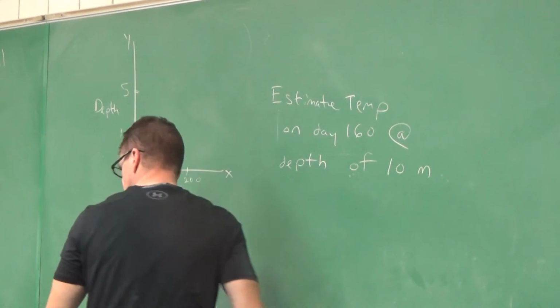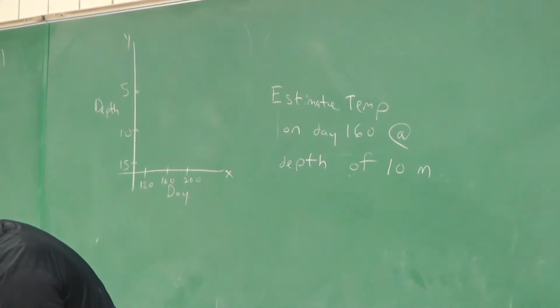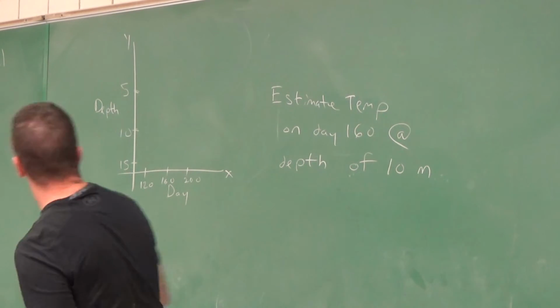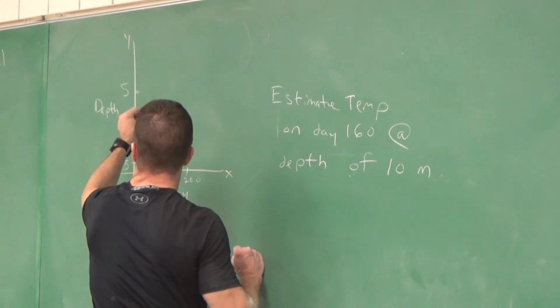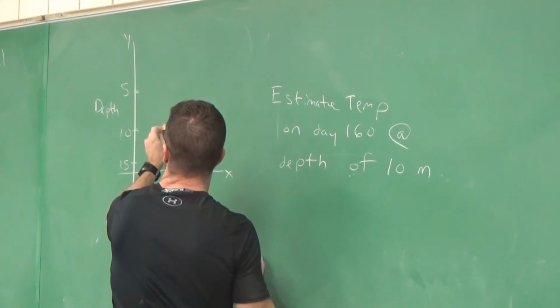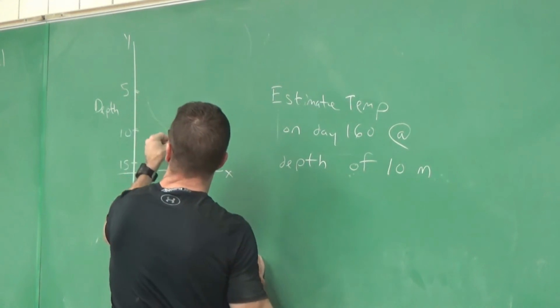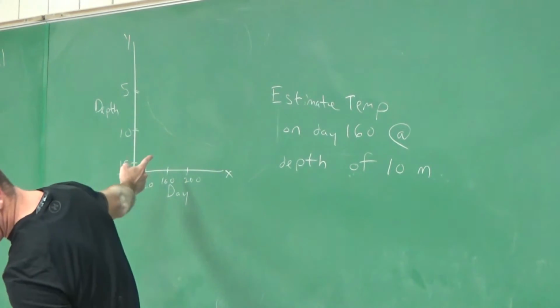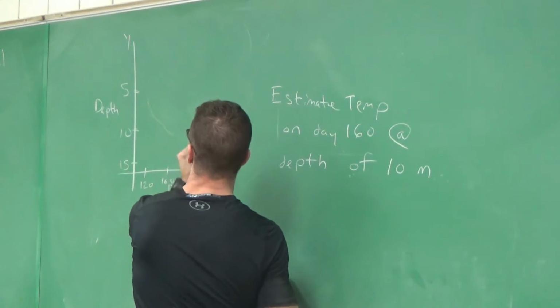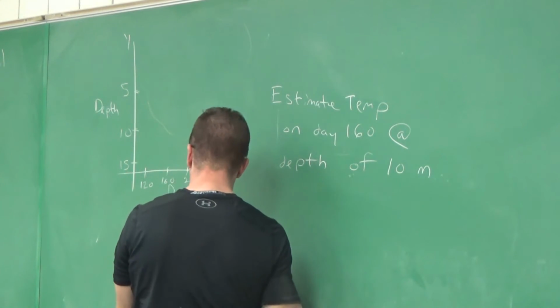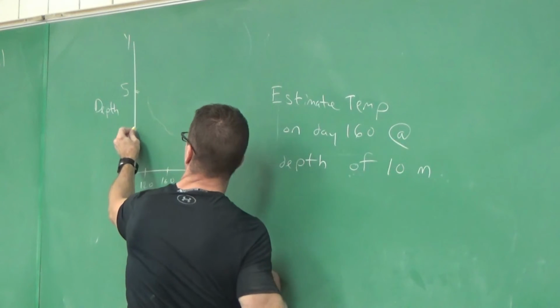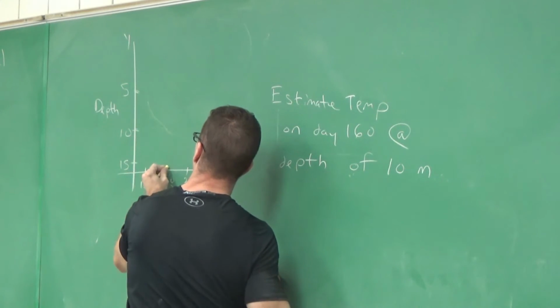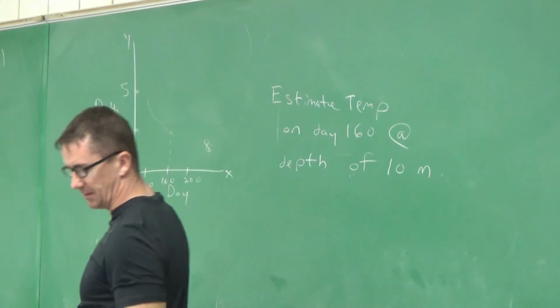But I mean, these level curves I see going through here. I see this level curve coming down like this. And what's the number on that level curve? 8? So let's line it up. What's going on at 160 and depth of 10? What do you estimate? You can draw on that piece of paper.